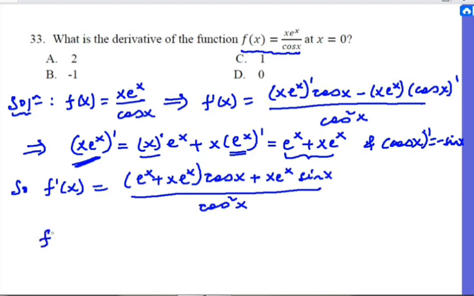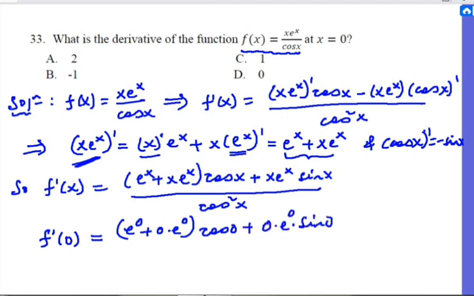So f derivative at 0 is the required value. So substitute x equals 0. So e to the power of 0 plus 0 times e to the power of 0 times cosine of 0, plus 0 times e to the power of 0 sine 0, over cos square 0.